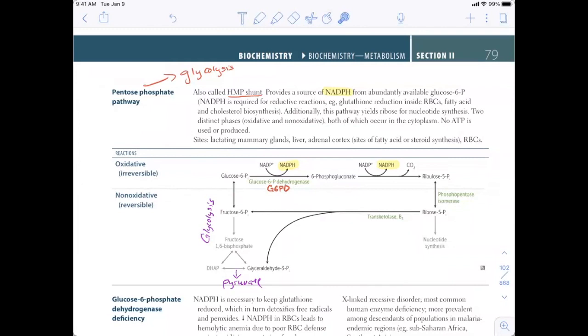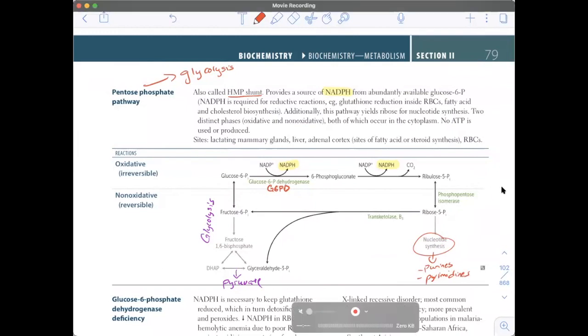So once we make ribose 5-phosphate, then we can come back to fructose 6-phosphate. But one thing to remember is that your ribose 5-phosphate actually helps you with nucleotide synthesis. We're talking about our purines and pyrimidines. Those are some of the advantages of making that loop out.